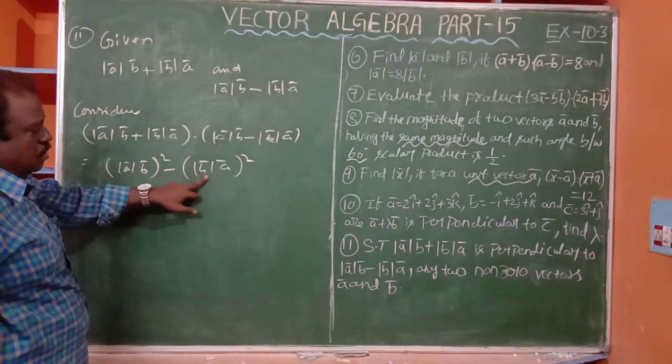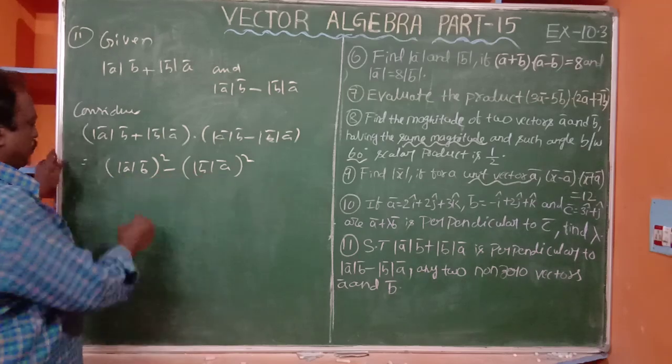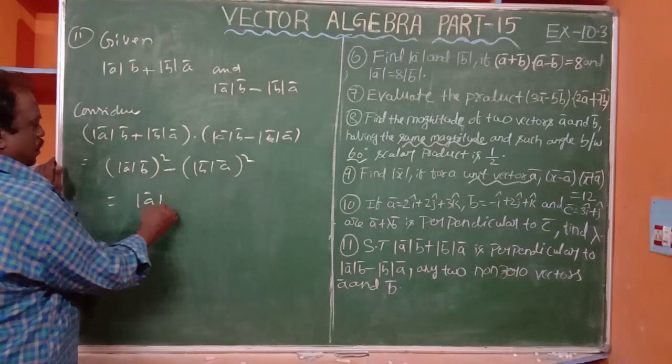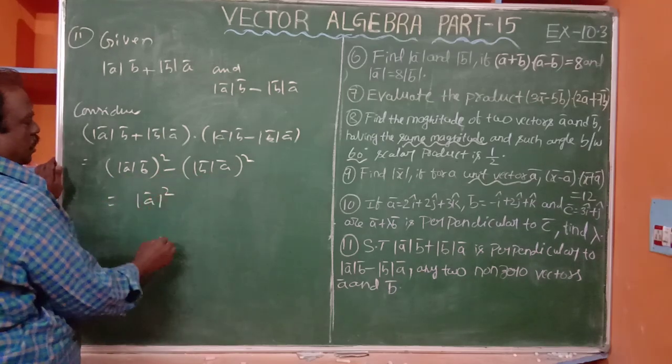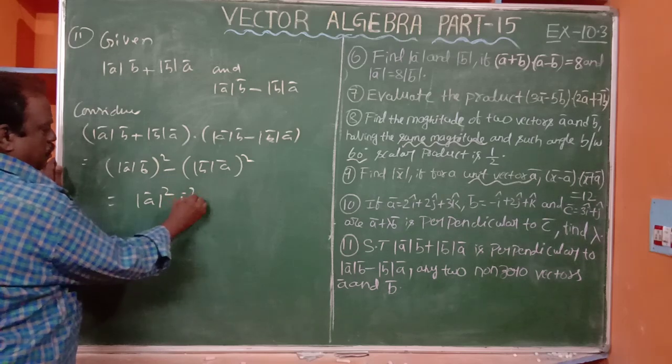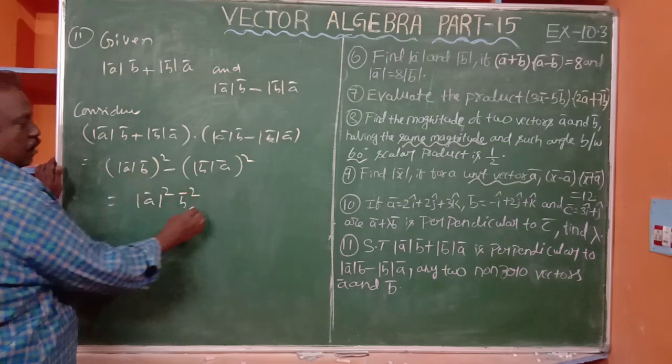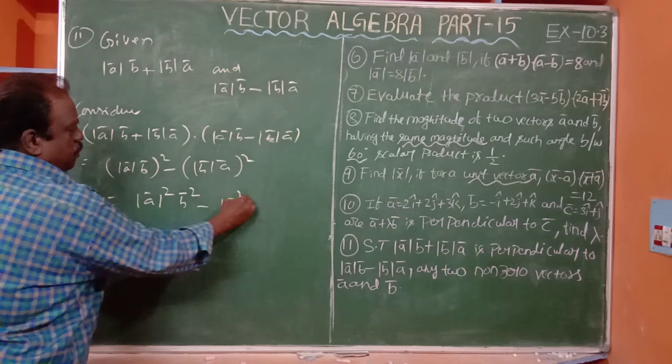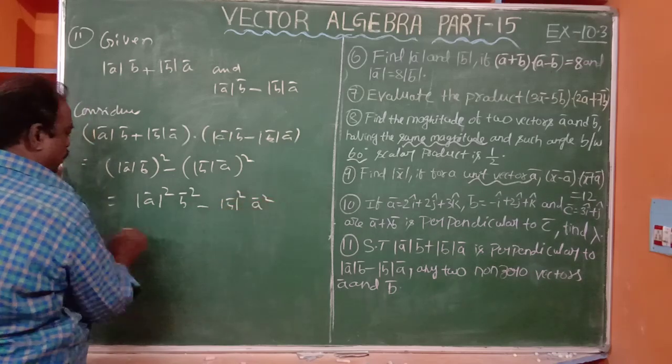Here also modulus of B bar A bar is modulus of A bar square and B bar square.